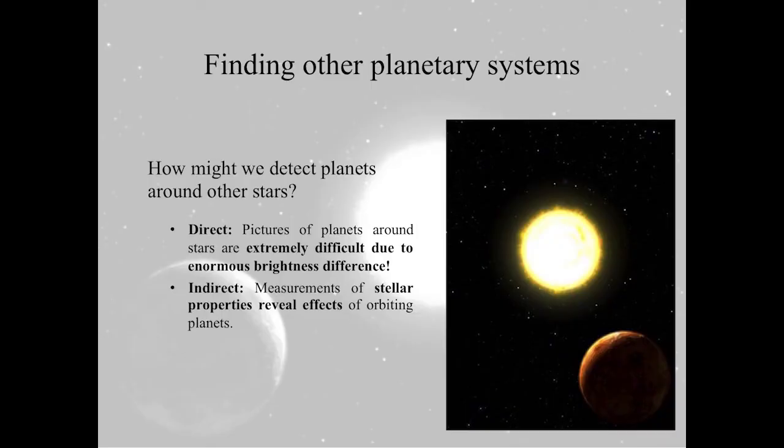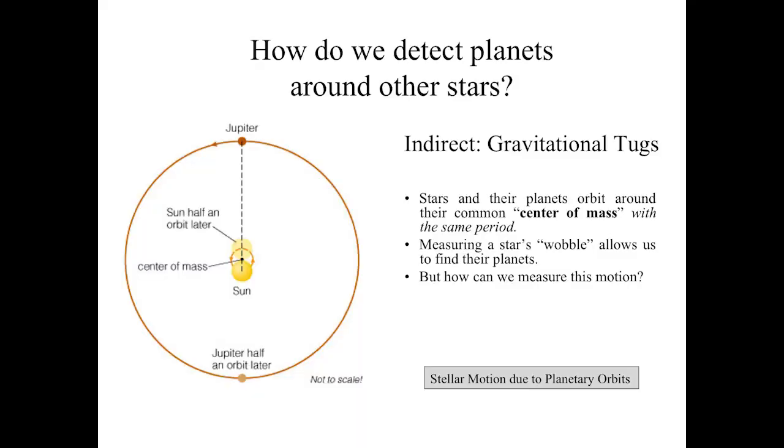But in contrast, I'm going to talk for a few minutes about indirect methods of finding planets, where we don't necessarily see the planet, but we have solid evidence of its existence. So let's go ahead and do that. We're going to look at two different ways to find a planet indirectly. And the first one has to do with gravitational tugs.